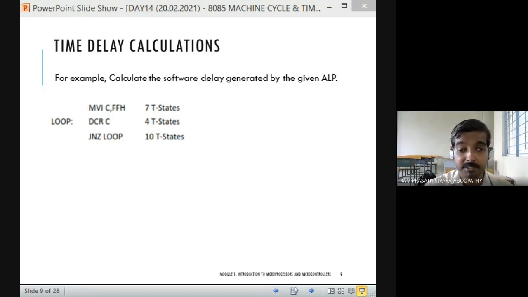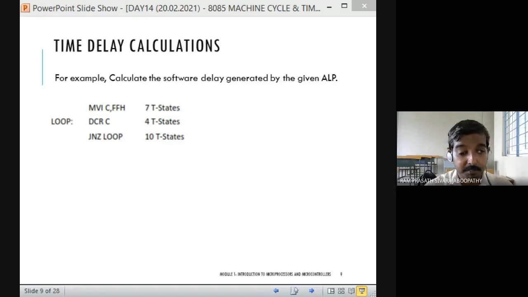Correct? Second machine cycle, what is it going to do? It is going to read the lower byte of the address.